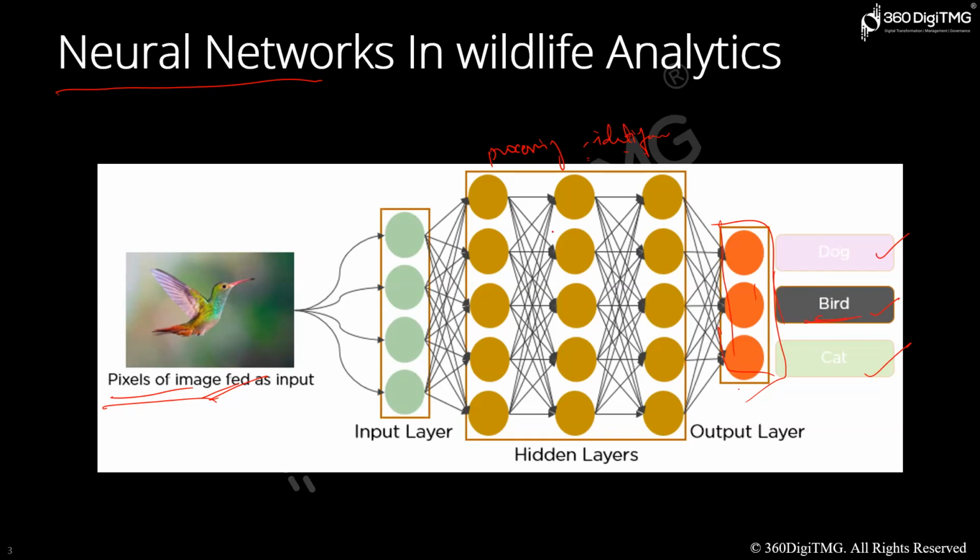So that is how neural network in wildlife analytics works. Before even sending the drones and sensors to identify animals and get their information, researchers or scientists first train their models with the help of images and then see that the results they are getting are accurate.